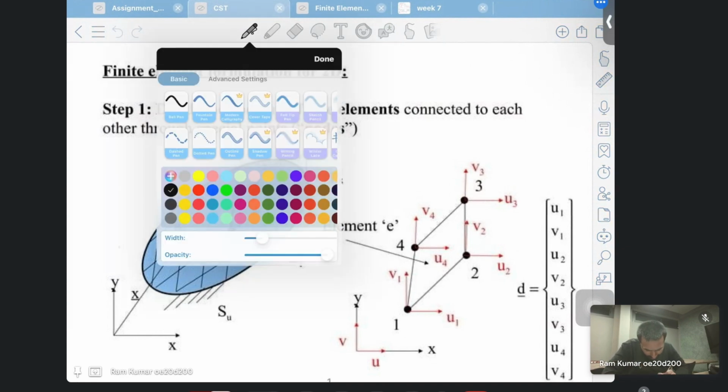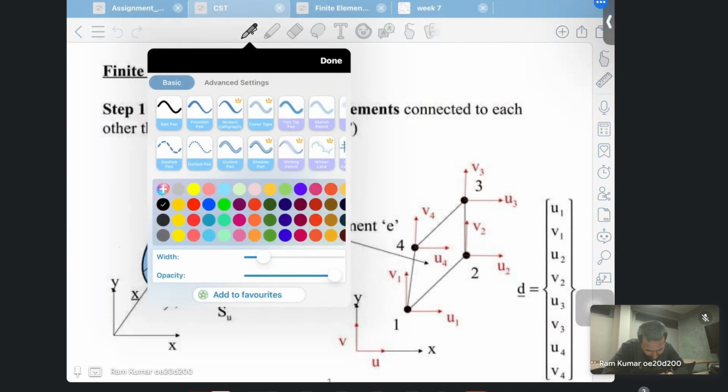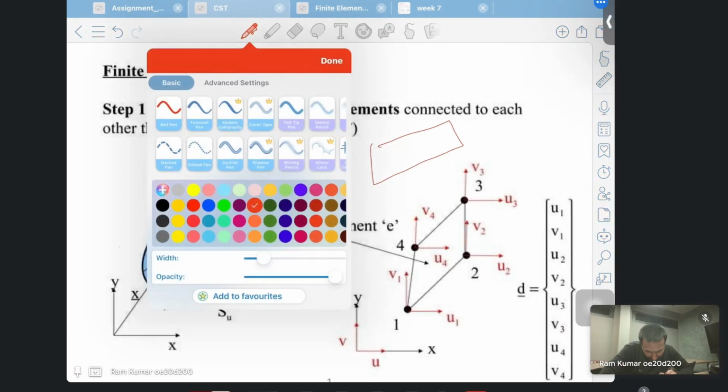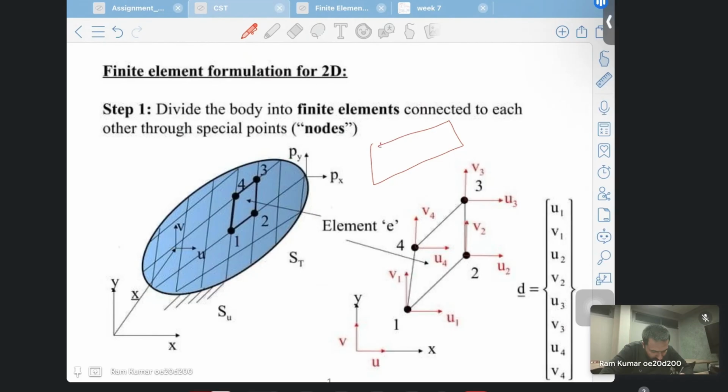Let me take my pen. If we are solving any FEM problem, what we are doing first is dividing our element into a number of small elements.